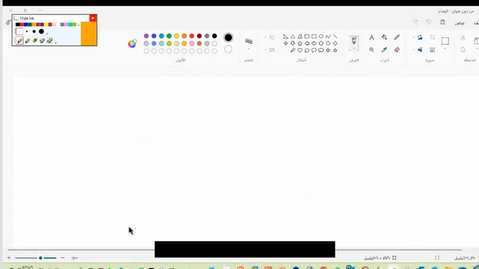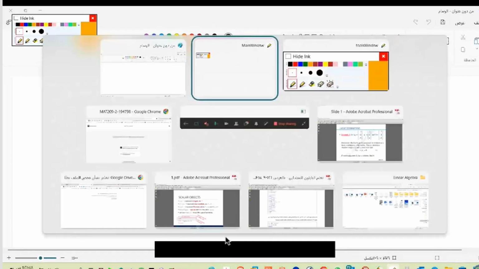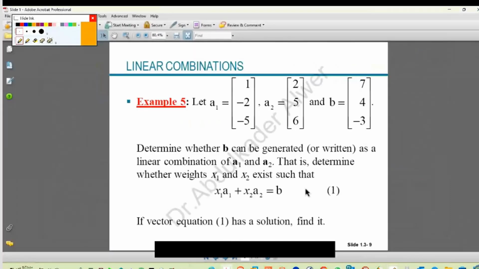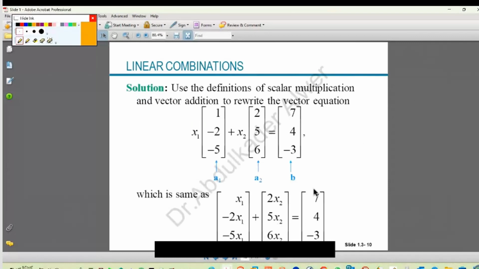Now let's return to our book. Here, as you see, we have equation 1, equation 2, equation 3. But how many variables? Two variables. We know from high school that if we have three equations, we have three variables, but this is the second case.